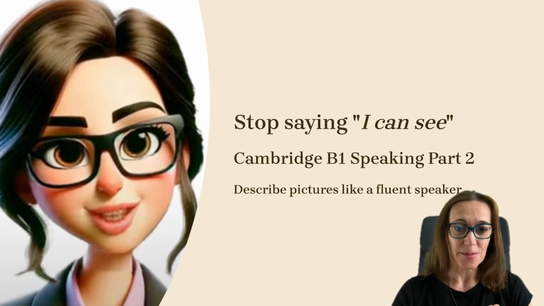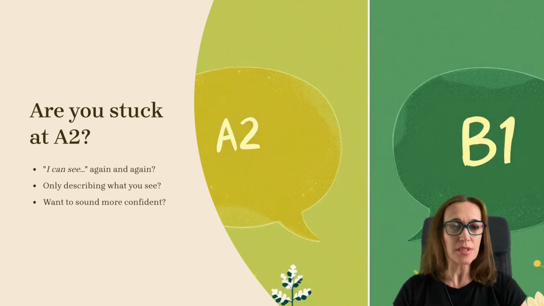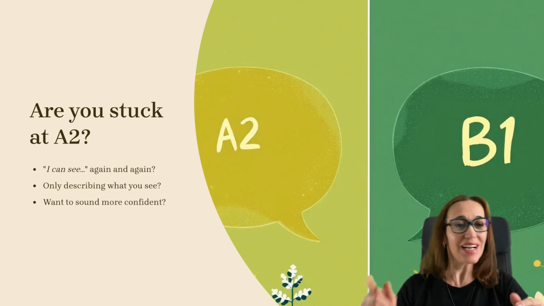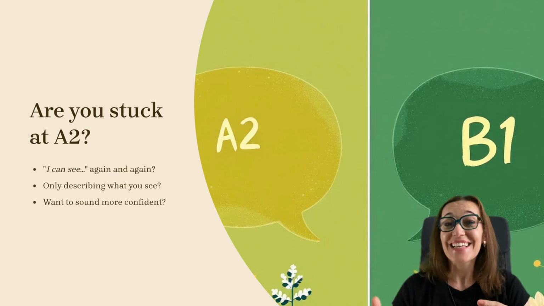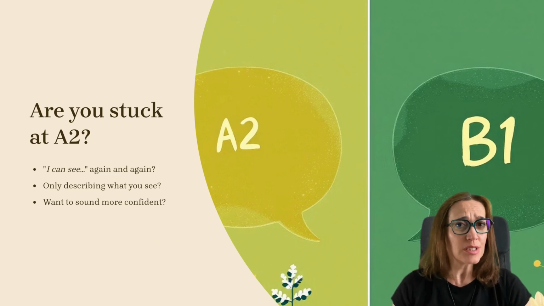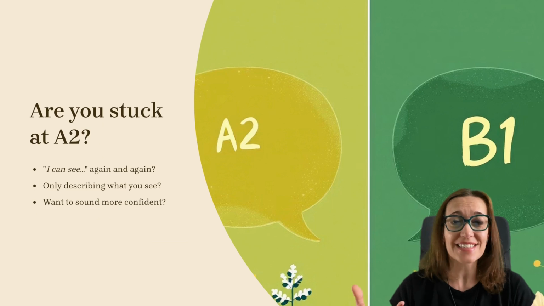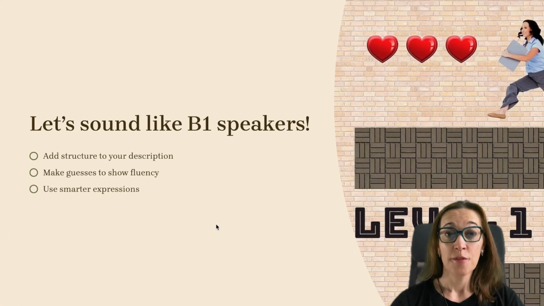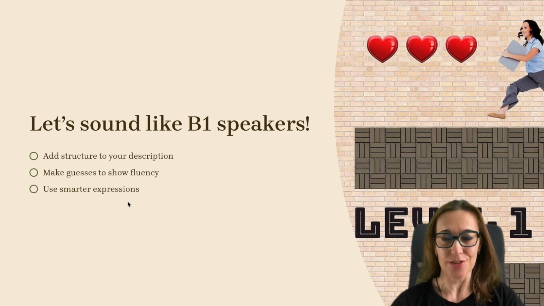Let's start. All right. At times, it seems like we get stuck at this "I can see here" and there. It sounds too simple, doesn't it? Do you want to sound more confident? Of course you do. So let's see what we can do. Firstly, we must add structure to our description.